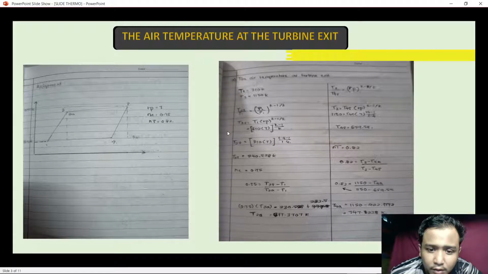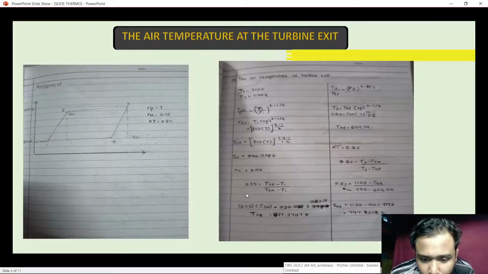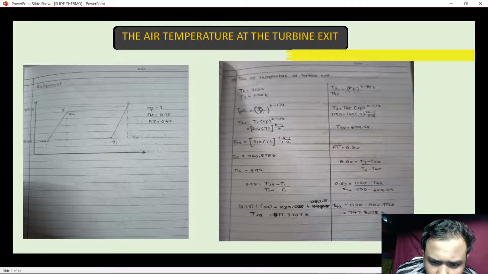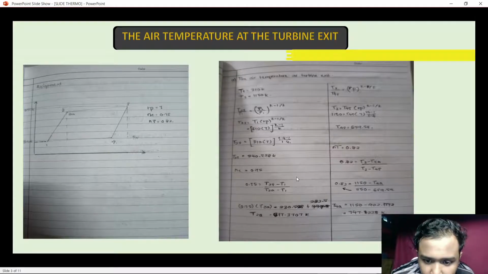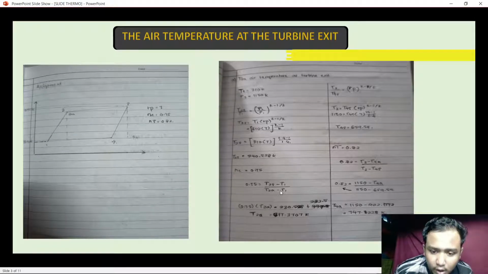So first we have to find the T2s using the formula T2s over T1 equal to P2 over P1 to the power of (k minus 1) divided by k. So we put the value in this formula and we get the T2s is 540.528 K. So next we have to find the T2a using the formula of compressor efficiency, which is T2s minus T1 over T2a minus T1.